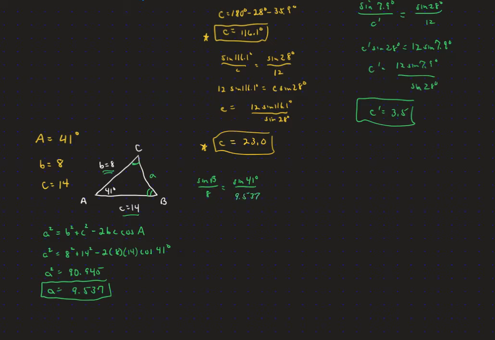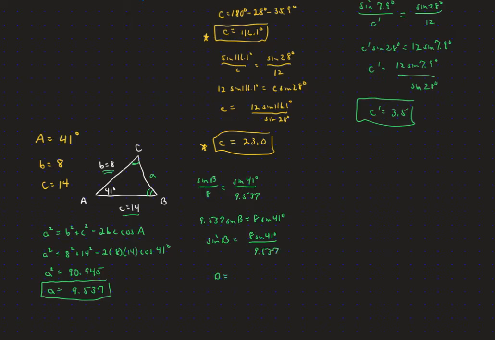So the A is 9.537. So we have 9.537 times the sine of angle B is 8 times the sine of 41 degrees. So the sine of angle B is 8 sine of 41 degrees over 9.537.